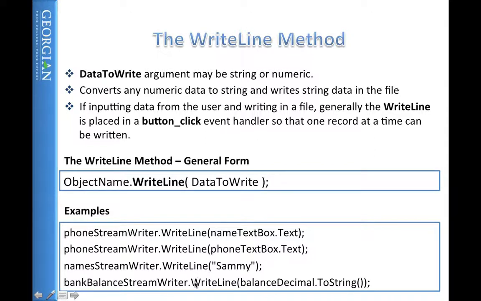So here's some examples here that we're using the WriteLine methodology for our StreamWriter. And if you notice, the StreamWriter, just like every other variable, is appended onto the variable name. So, for example, if we're opening up a phone list, a phone book, we probably call it phone book StreamWriter. Pretty long, but you can't not understand what that is, right? So that's why we do these long variable names.